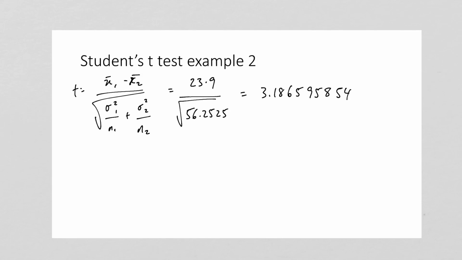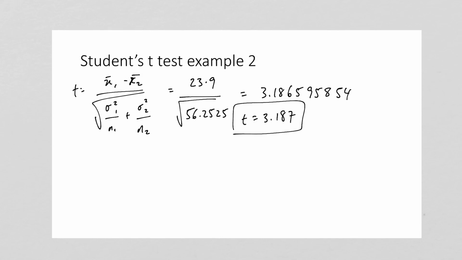Now, if you remember from the previous example, in the table, it's only going to 3 decimal places, so we can round this to 3 decimal places. So there is our t value.